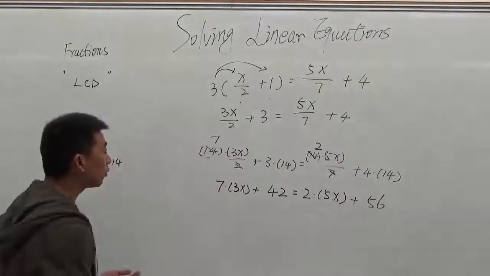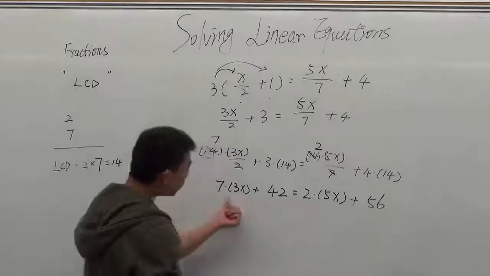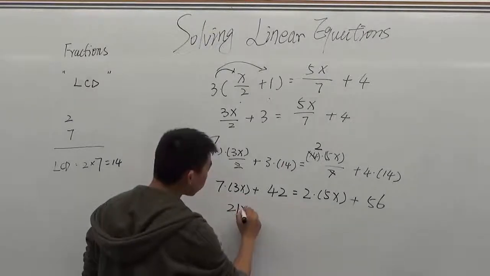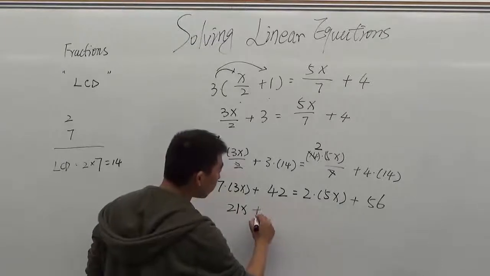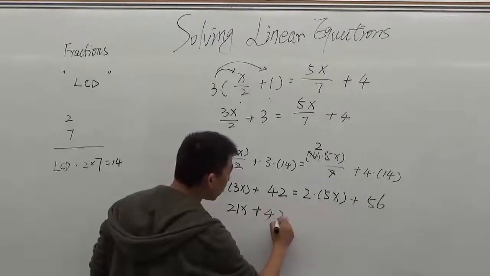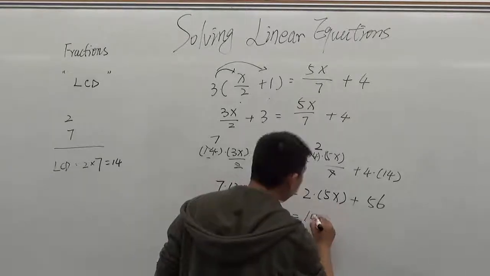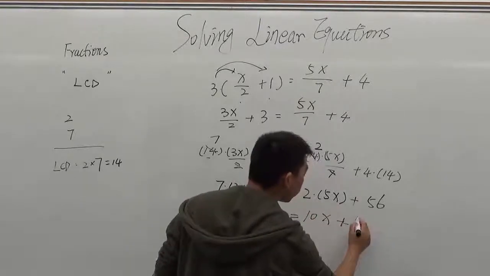Then what you need to do first is just simplify it. Here's 3 times 7 times 3x, that gives us 21x. Then plus, just copy down the number, 42 here. Then equal 2 times 5x, that gives us 10x, plus write down number 56.